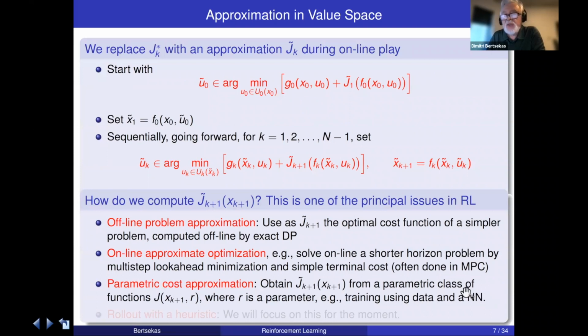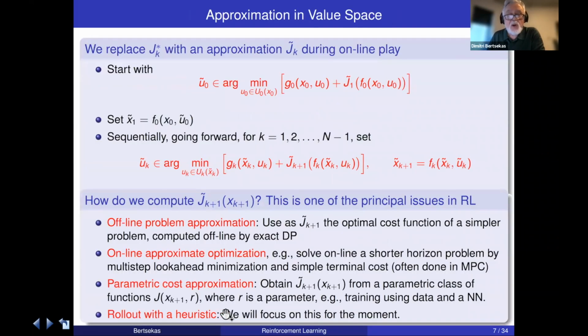So this has to be done offline, of course, and basically we use neural network ideas to calculate from data this J tilde. It's a challenging type of methodology, but it's one of the principal ones within the landscape of reinforcement learning.